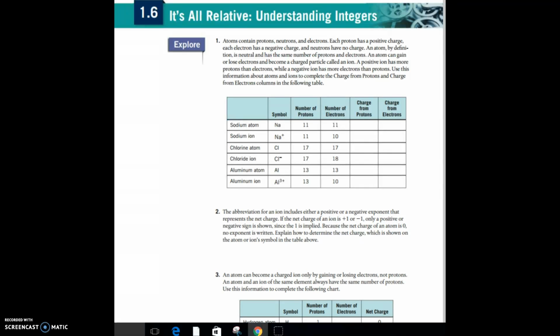So a positive 11 and a negative 10, think of money and debt, like pay off your debts and how much money do you have. So there'd be a positive 1 net charge for that. So what I want you to do is go down to question number 3, and then go ahead and read the directions there and try filling out the chart for number 3.